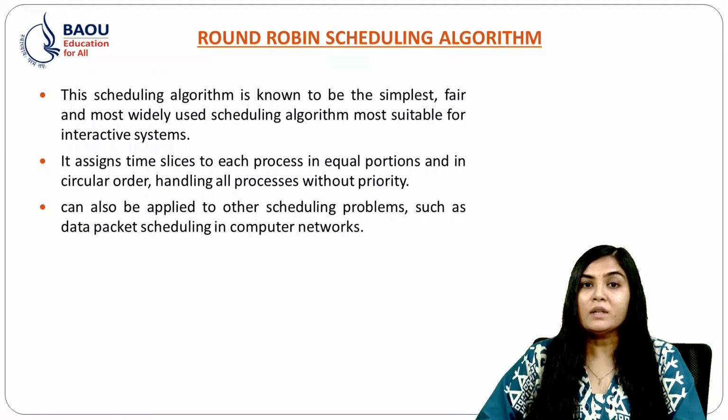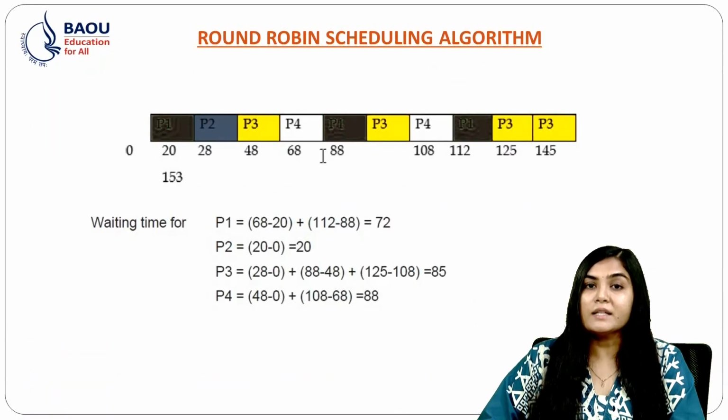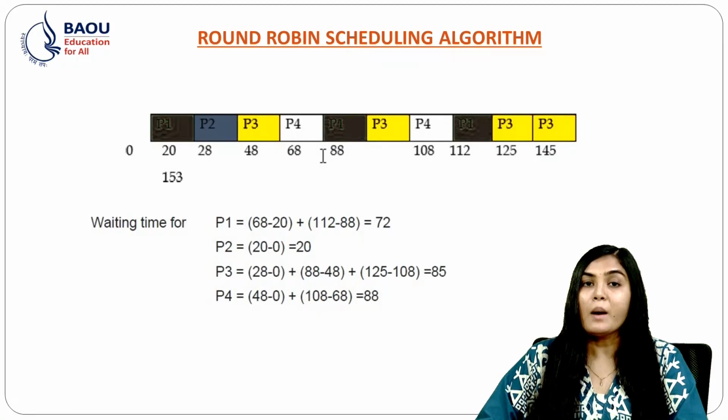The round-robin scheduling algorithm can also be applied to other scheduling problems, such as data packet scheduling in computer networks. It is similar to first come first served scheduling, but preemption is added to switch between the processes. So let's understand the process of a round-robin scheduling algorithm.